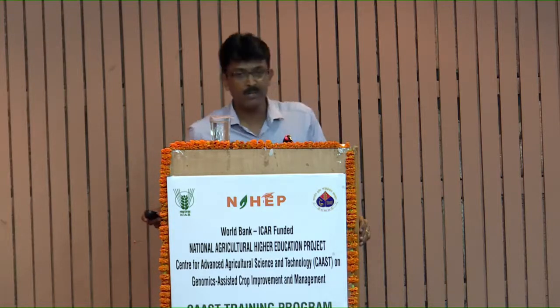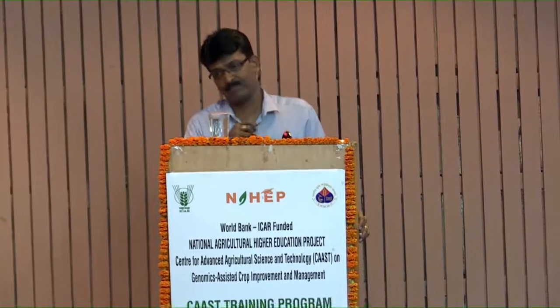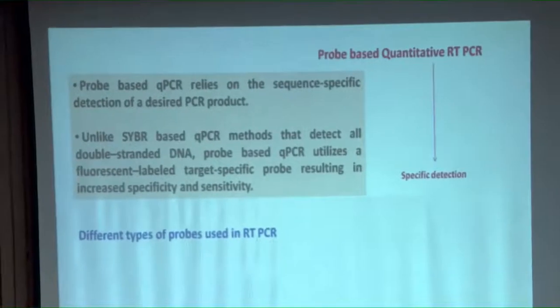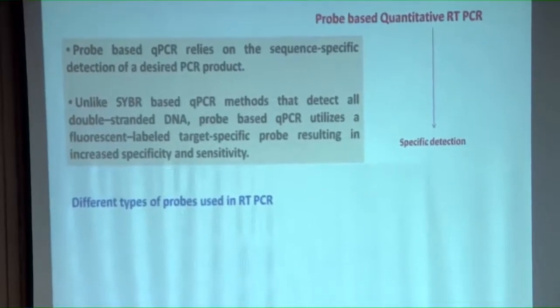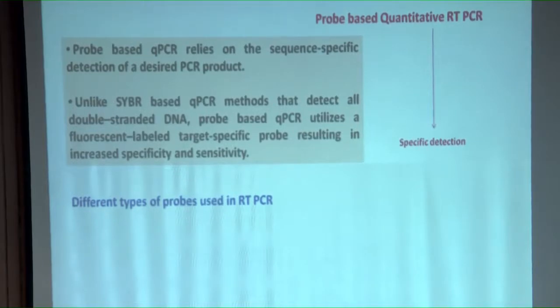The probe-based qPCR relies on the sequence-specific detection of a specific PCR product. That is completely different from the dye-based one. In dye-based, you added a chemical which is going to intercalate in the minor groove of double-stranded DNA. But in the probe-based one, the probe is going to bind with the target, right?